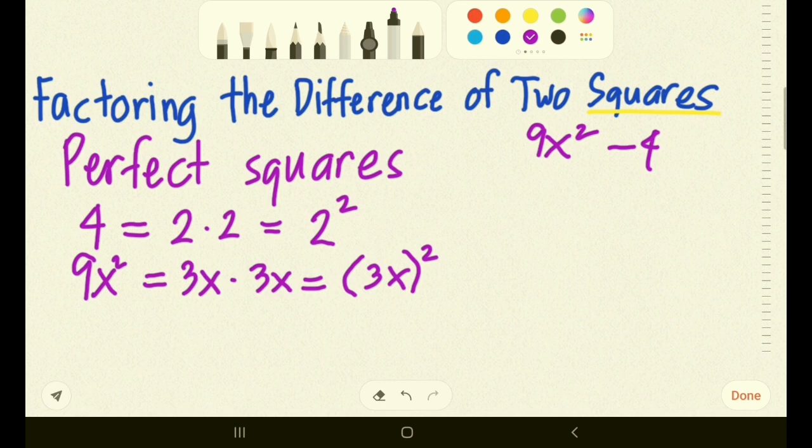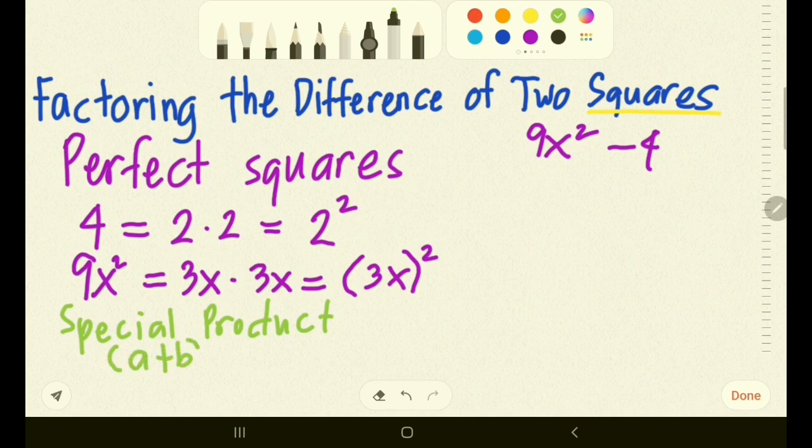Before getting the factors for this polynomial, let me recall to you the special product. You have there the binomial, the sum of a and b, multiplied with the difference of a and b.